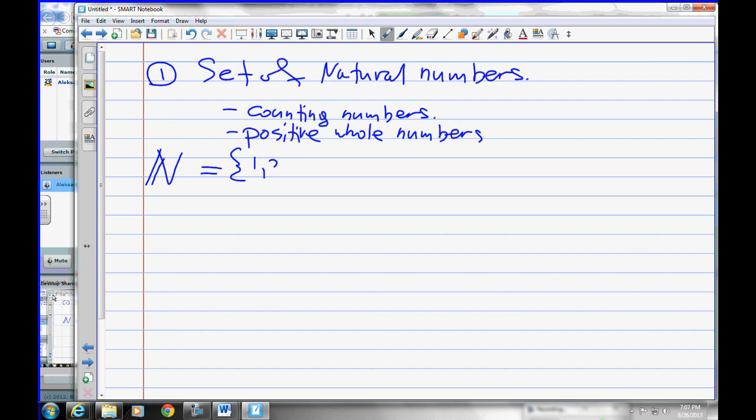Then I'll just list the elements, and I'll put dot, dot, dot, which just goes on forever. When you give it some kind of a pattern, you can just say, well, I'm not going to finish it, it just goes on. There are some other ways to express that set, but that's it for now. So that's the set of natural numbers. 1, 2, 3. Probably the first set used by humans.